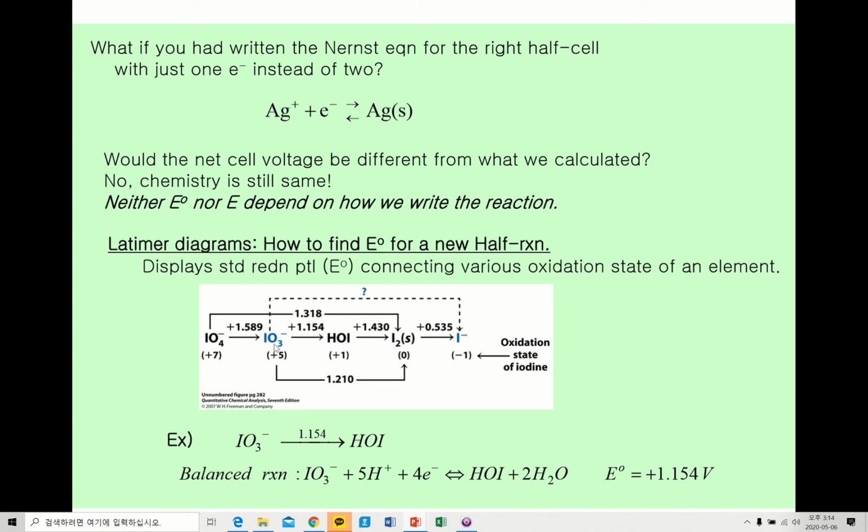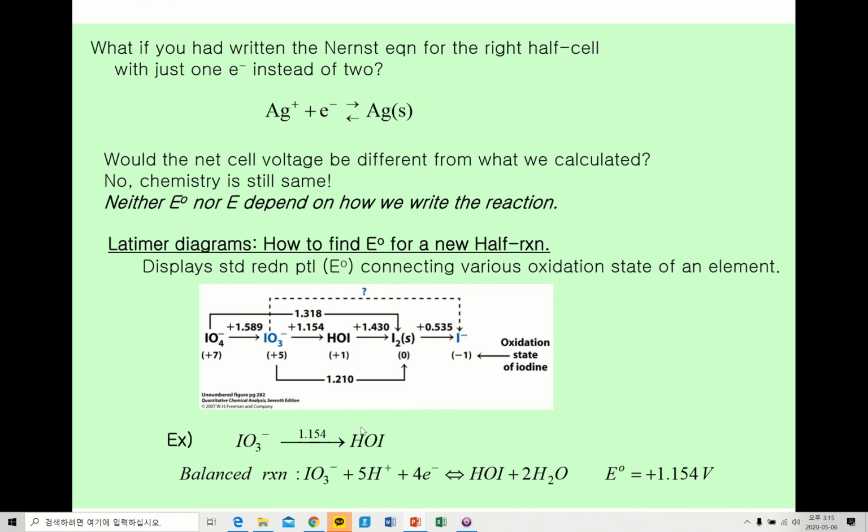Here iodate can be reduced to iodide, and this electrode potential is not known. The question is, can we calculate this potential using other values? The answer is yes, of course.